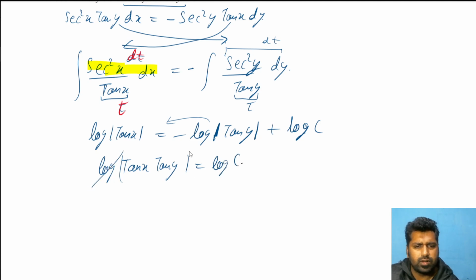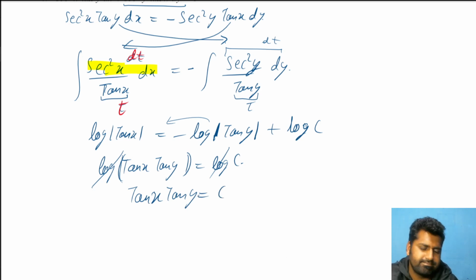Okay, log you can remove, mod also you can remove, because the purpose of mod was to keep it defined. So you can remove the mod part also. So overall your equation becomes tan x tan y is equal to c. I think that's a good looking answer. You can keep it as it is.